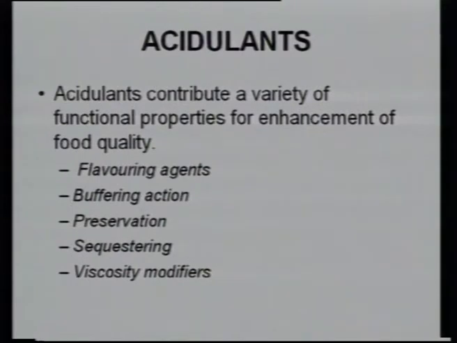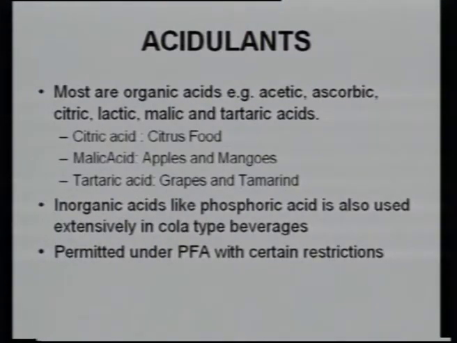Then we come to the acidulants. Acidulants contribute functional properties like flavoring agents, buffering action, preservation, sequestering, or viscosity modifiers. They provide the functional properties to the food. Mostly they are the organic acids as far as foods are concerned, like acetic acid, ascorbic acid, citric, lactic acid, malic, and tartaric.